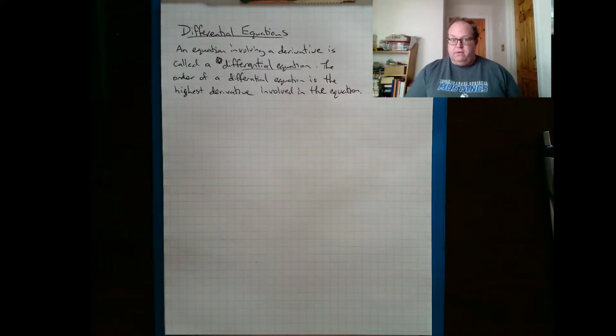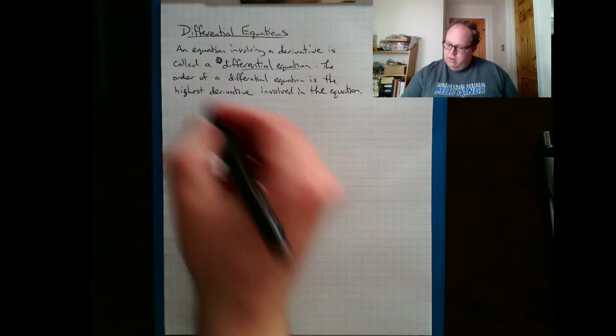So a second order differential equation would have a second order derivative in it, or d squared y dx squared, and so on. A little bit of work with solving them. We're not going to get into really complex ones.